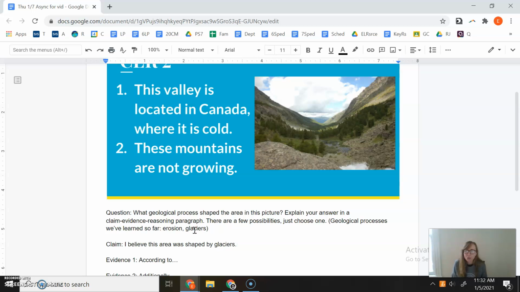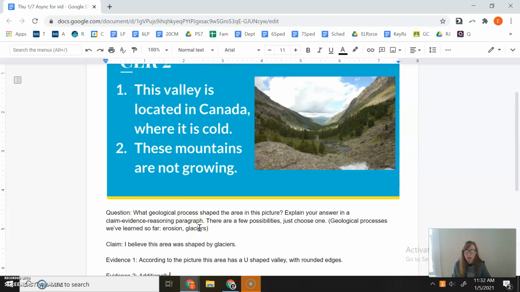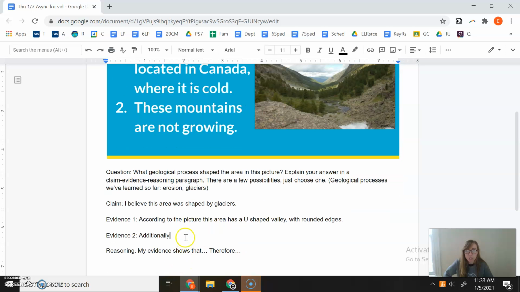I already figured out my two pieces of evidence, so I'm going to say, I'll start with according to the picture. According to the picture, this area has a U-shaped valley with rounded edges. All right, that's one piece of evidence. And then I said my second piece of evidence, I had said, oh yeah, that it's in Canada. So I know that glaciers have happened in Canada, so I can use that.